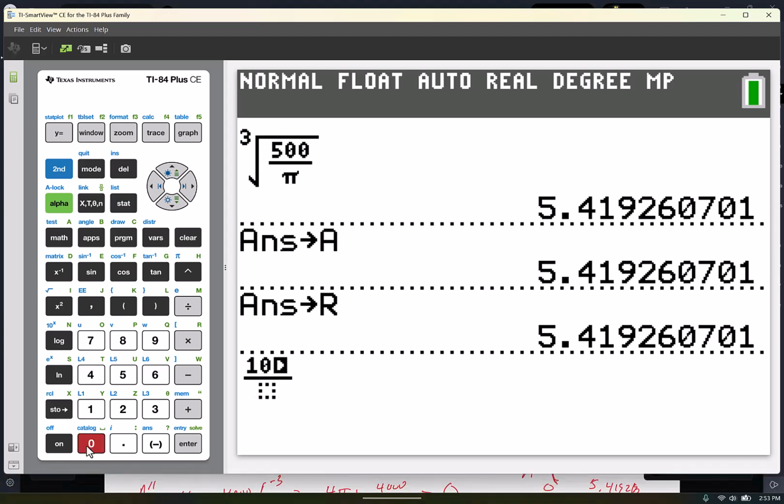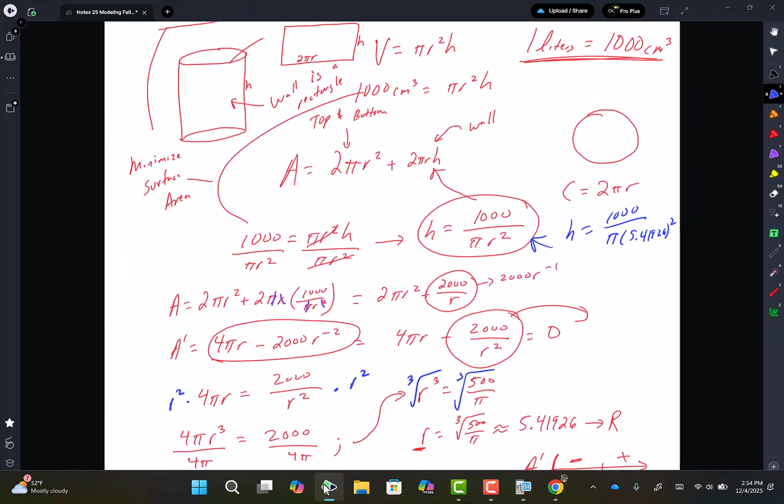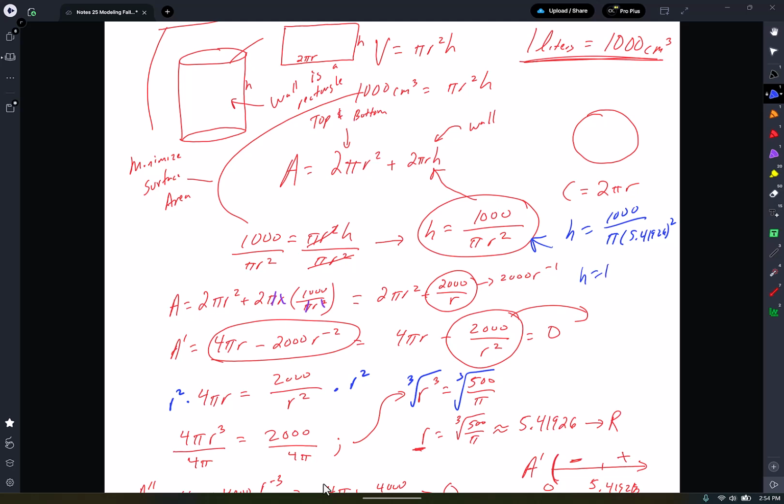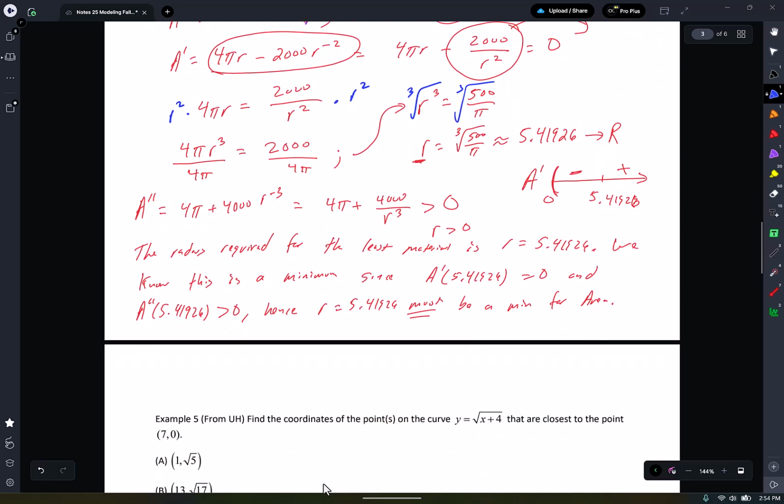So 1,000 up here. And pi, was it pi r squared? Was that my equation for height? So there it is, 10.838. So we can have good notes. H equals 10.838. And then I need units, centimeters. So I'll put it right here.